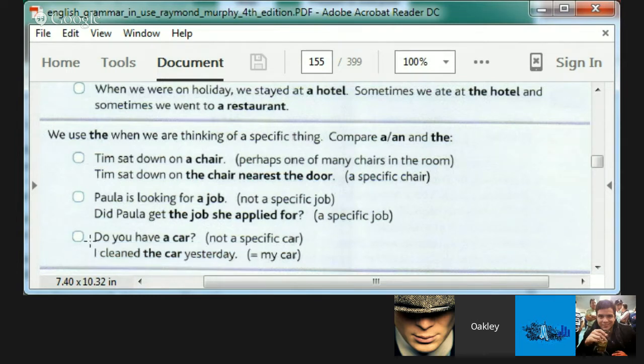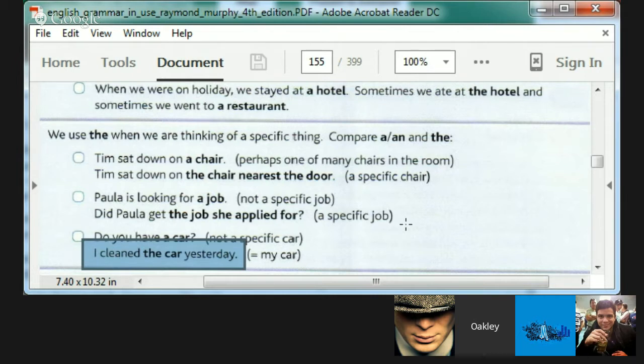All right. Now, this example here can be a little more confusing. I cleaned the car yesterday. Sometimes we use the definite article because of the context. It would be obvious that you didn't clean some random car yesterday, because that would be a little insane.